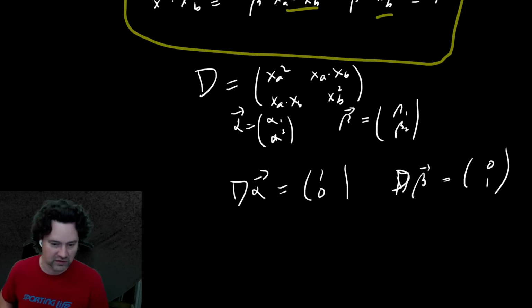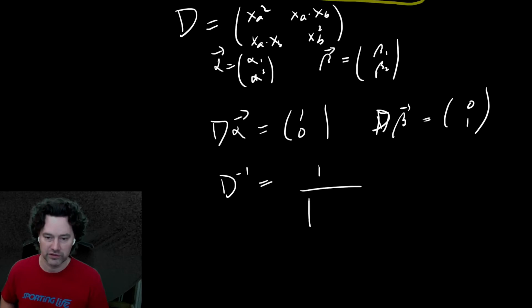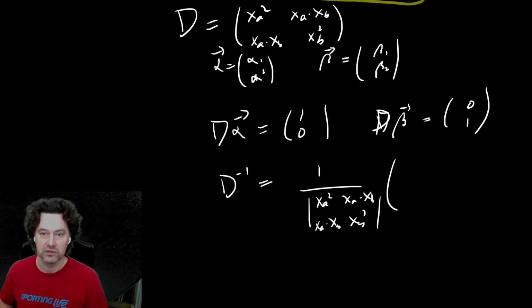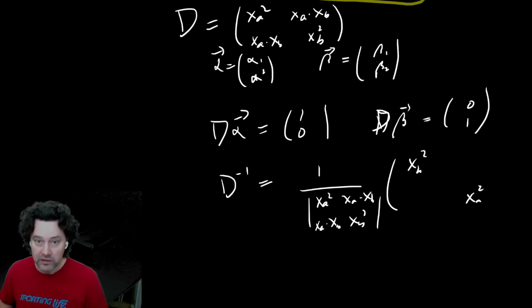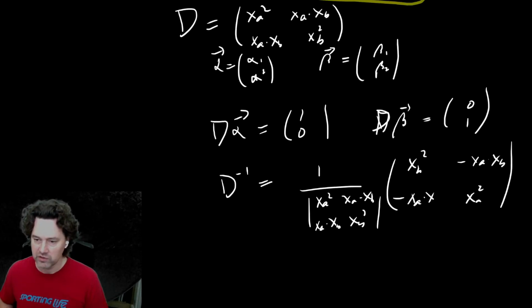Let's invert D. So D inverse is going to be 1 over the determinant of xa squared, xb squared, xa dot xb, xa dot xb, times xb squared, xa squared, minus xa dot xb and minus xa dot xb.